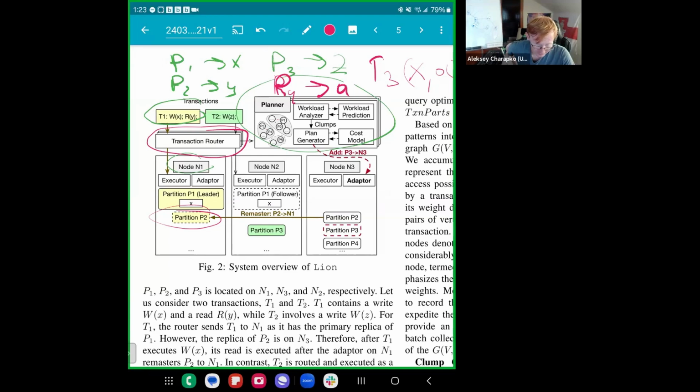So yeah, I think this is what it is in a nutshell, right?